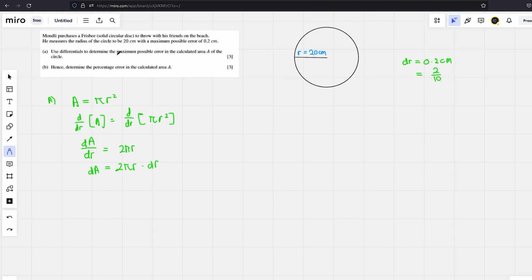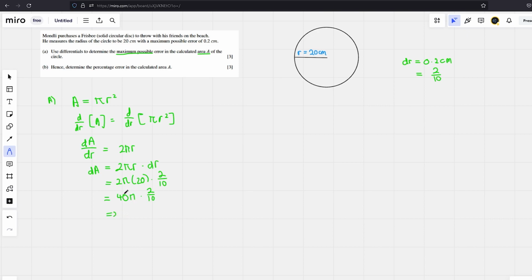So we already have what we want in the question, which is a small change in the area. So this is going to be equal to 2 pi, and our radius was calculated to be 20, multiplied by our small change in the radius, which is 2 over 10. And simplifying further, multiplying that in, we get 40 pi multiplied by 2 over 10.